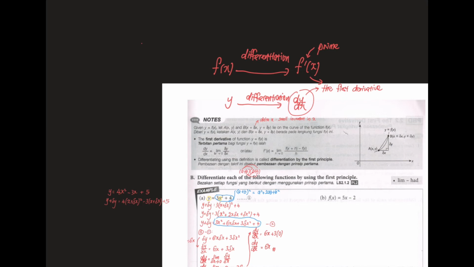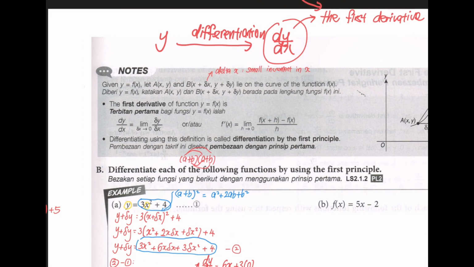Okay, so the formula is more or less the same. Let's take a look. We compare this formula and this formula. First we have f(x plus h) minus f(x). What is h, by the way? h is the same as delta x. So you see the delta x becomes h already.